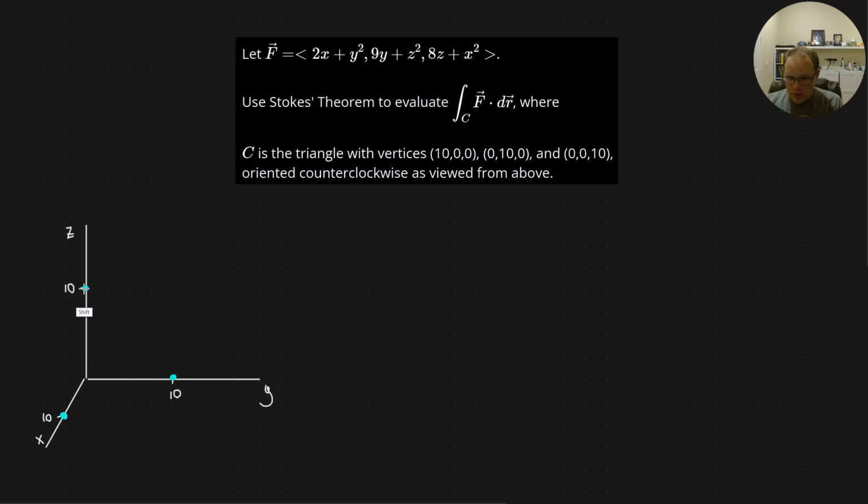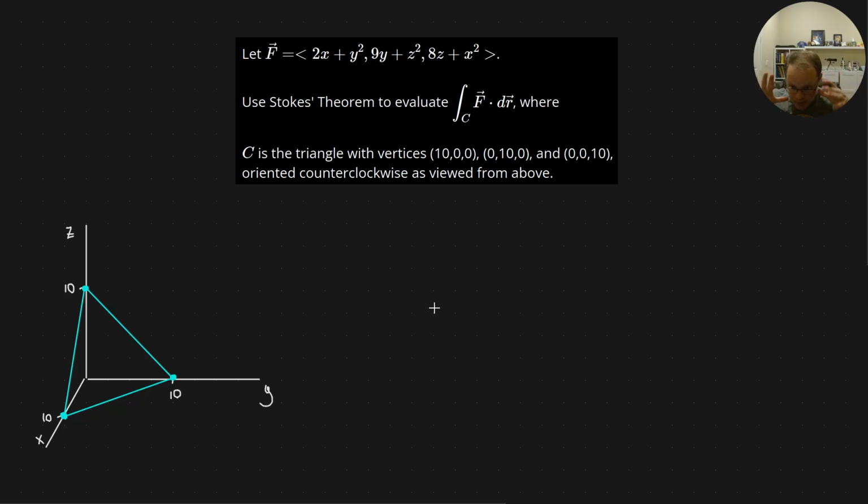And we're going to integrate this vector field over the curve that connects those 3 points over that triangle. Okay? And it's going to be oriented counterclockwise as viewed from above.